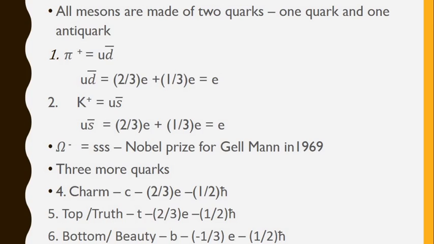And the 6th quark is bottom or beauty, with symbol B, having charge -1/3e and spin half h cut. So altogether this quark family now consists of 6 quarks: up, down, strange, charm, top or truth, bottom or beauty.